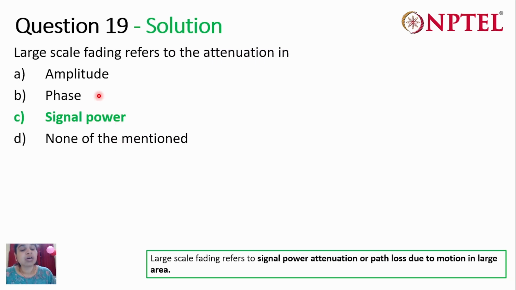Now, when there is attenuation in amplitude or phase, what do we refer to it as? That will be small scale fading. So small scale fading refers to the attenuation in amplitude and phase.